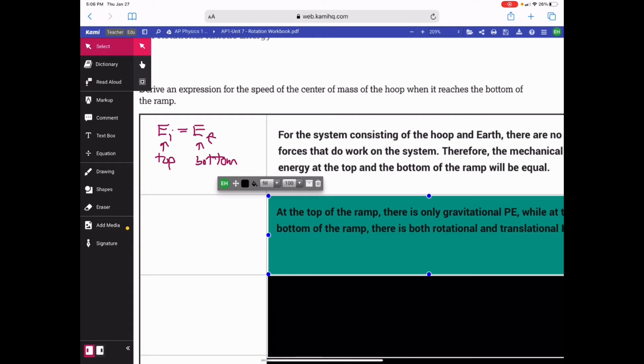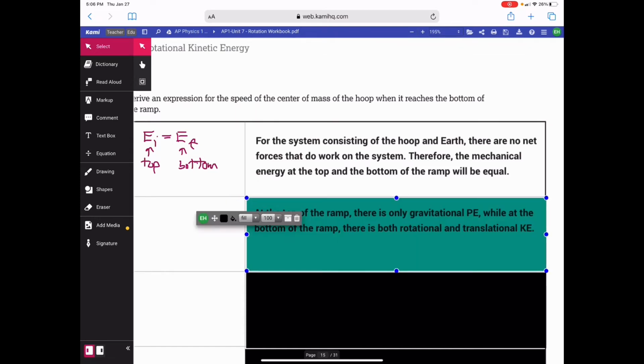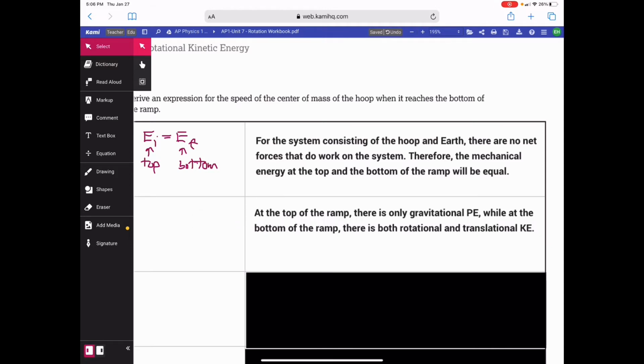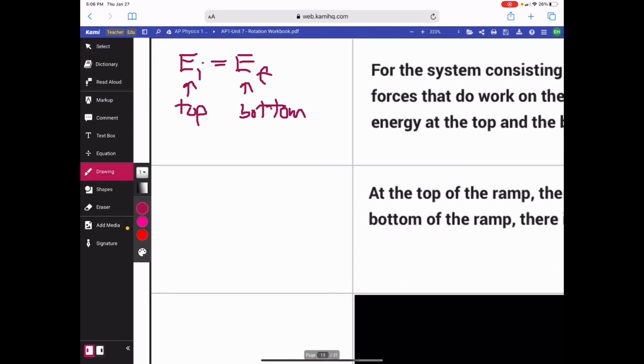At the top of the ramp, there is only gravitational potential energy, while at the bottom of the ramp, there is both rotational and translational kinetic energy. So in other words, at the top, we have gravitational potential energy. At the bottom, we have translational plus rotational kinetic energy.